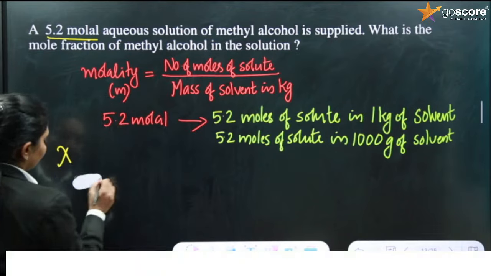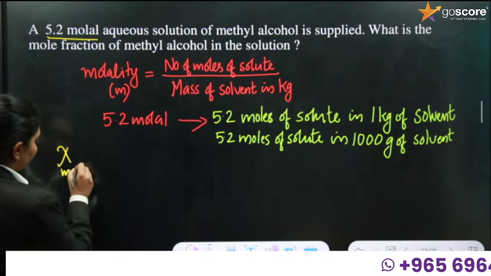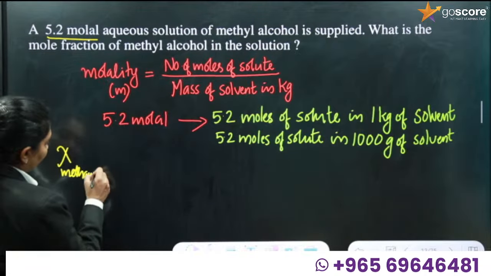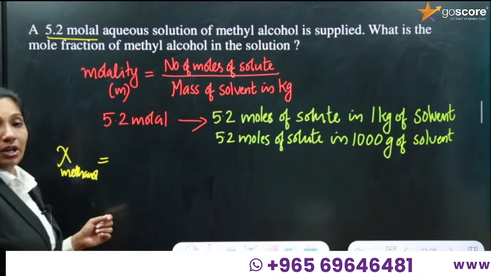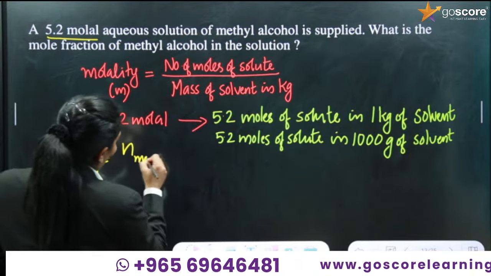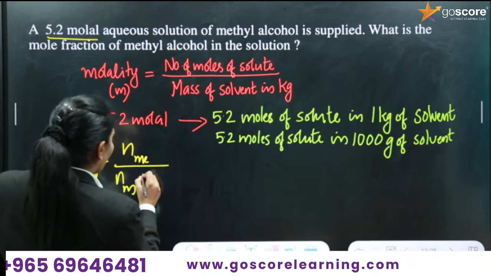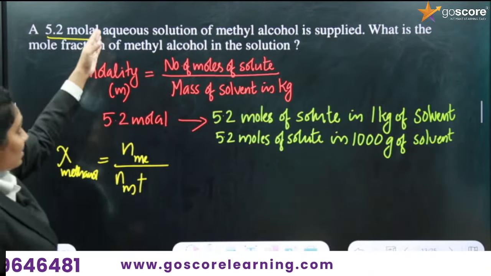See, chi is equal to the number of moles of methyl alcohol divided by the number of moles of methyl alcohol plus the number of moles of water.